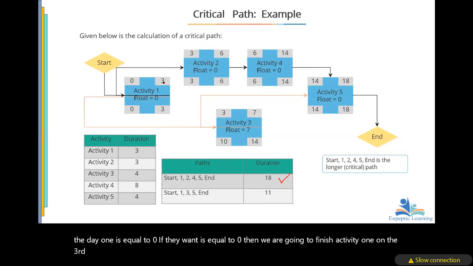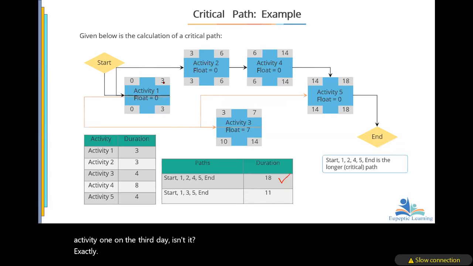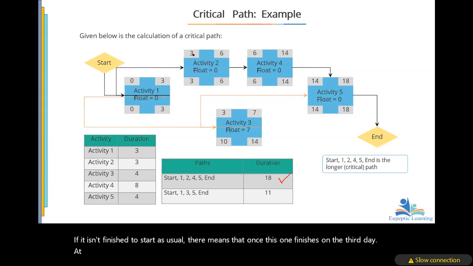Now, looking at the path from 1 to 2, if it is a finish to start as usual, that means that once this one finishes on the third day, we will start this one on the same third day. So we'll start on day 3.